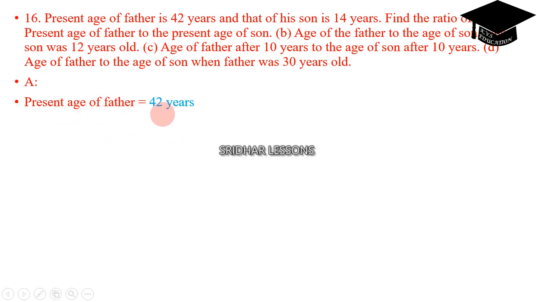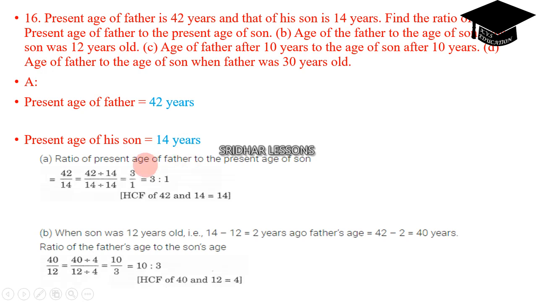Present age of father is 42 years and present age of his son is 14 years. The ratio of present age of father to the present age of son is 42 by 14. 14 simply cancels 42 3 times, which is equal to 3 by 1, or the required ratio is 3 is to 1.